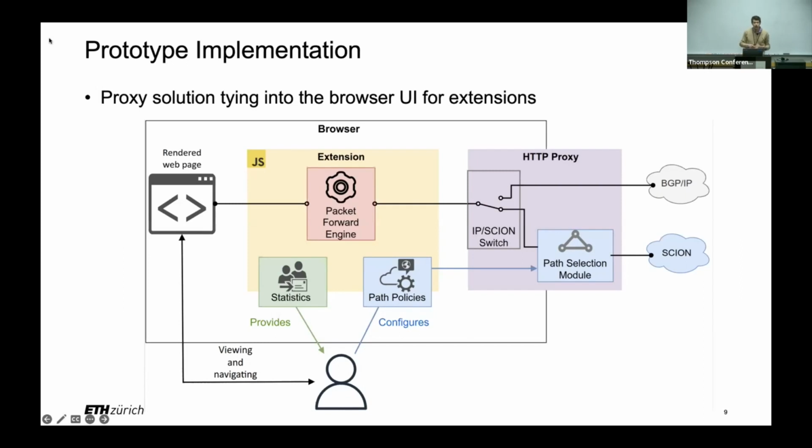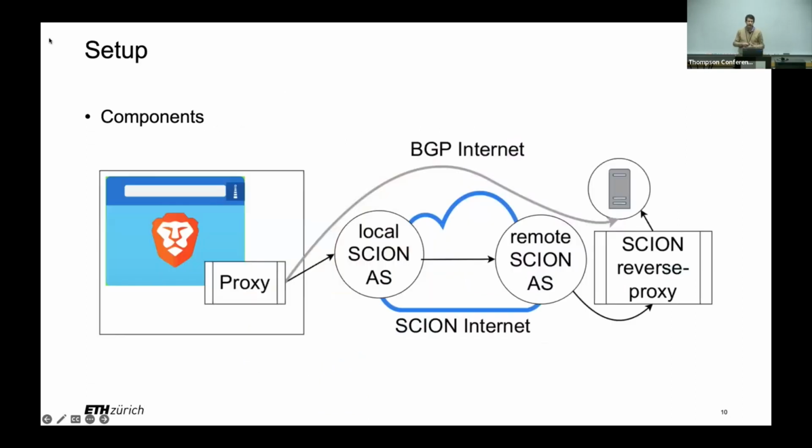And essentially the user can now configure path policies and also see network statistics to change these path policies, and the system can then use both SCION and IP. So in essence, the local host has this proxy, and if the local host is in a SCION-enabled network, the system automatically, based on François' client bootstrapping, picks up all the SCION configuration parameters and can then use this local network.